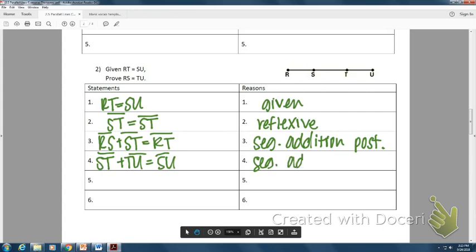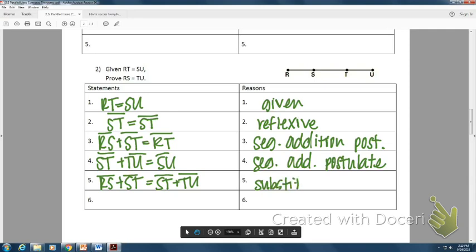Segment addition postulate. Okay, somebody give me something else. RS plus ST equals ST plus TU. Why is that? Substitution. You can tell that some of you did this one on your homework. It's awesome. Substitution.